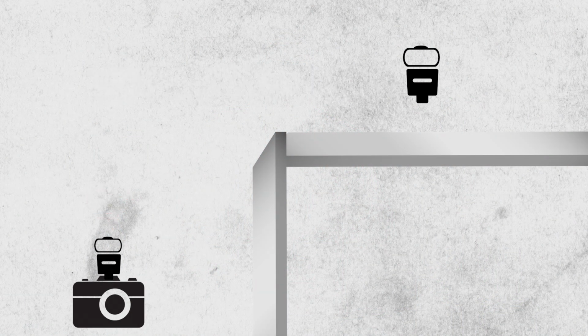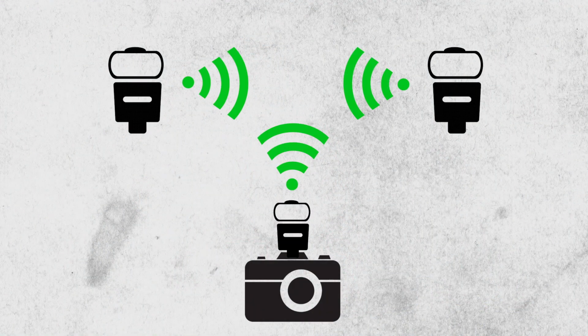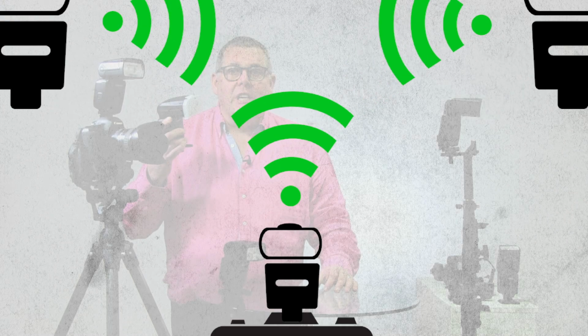That is where wireless became the industry leader for creativity with portable flash. Initially, it wasn't built into the speedlight, but today Canon, Nikon, pretty much all the flash manufacturers have some form of wireless communication.